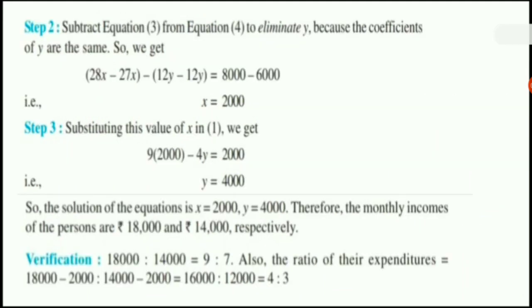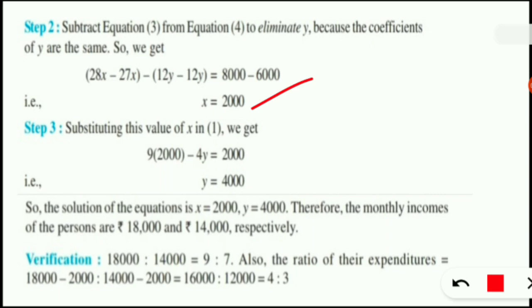Clear? So here step 2, subtract equation 3 from equation 4 to eliminate y, because the coefficients of y are the same. So we get 28x minus 27x minus in bracket 12y minus 12y equal to 8000 minus 6000, so x equal to 2000. Clear?